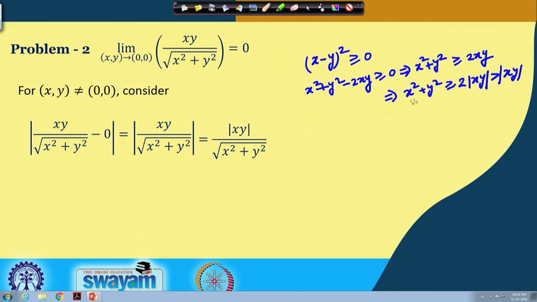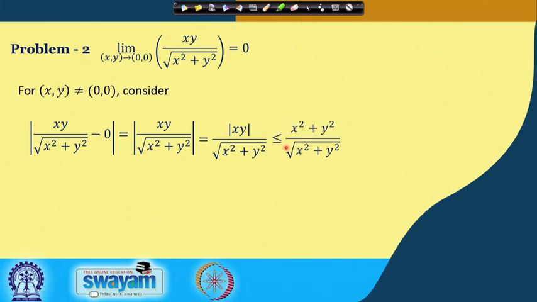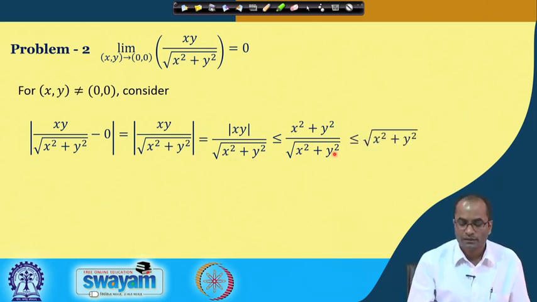So, in this case we can use this inequality that x square plus y square is greater than the absolute value of xy. Having this relation, we can now replace this absolute value of xy by the bigger quantity, which is x square plus y square, divided by the square root of x square plus y square.